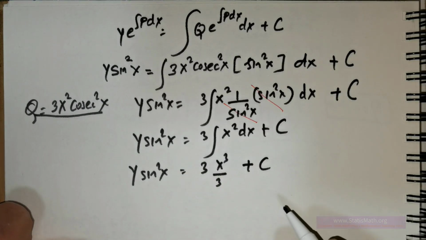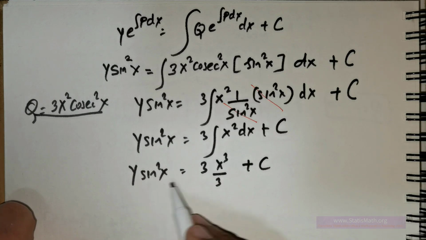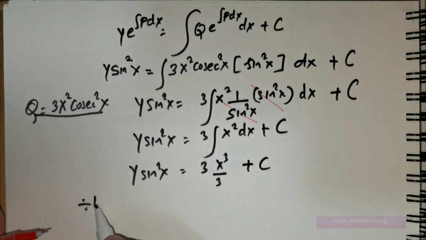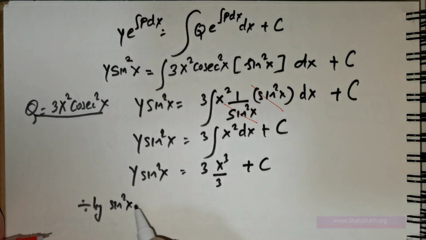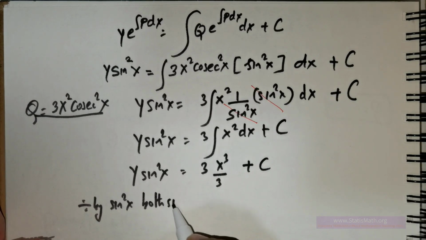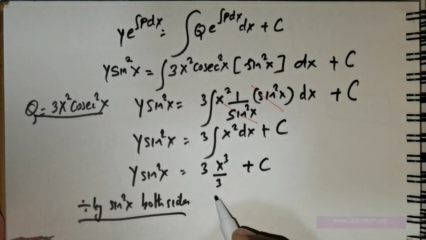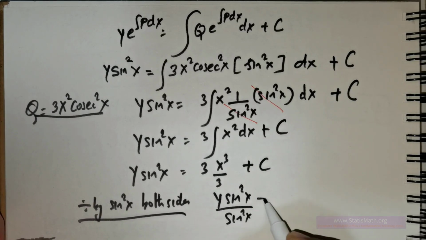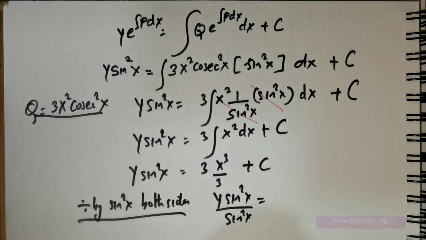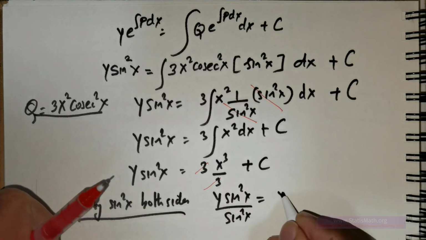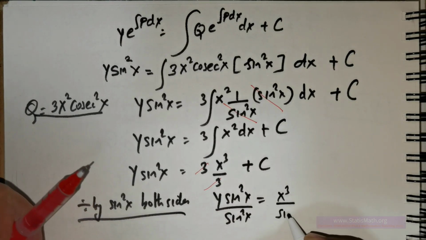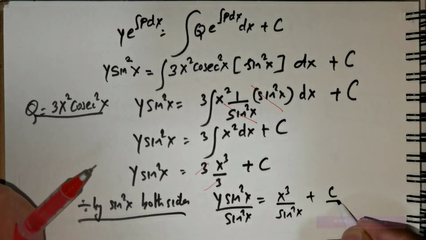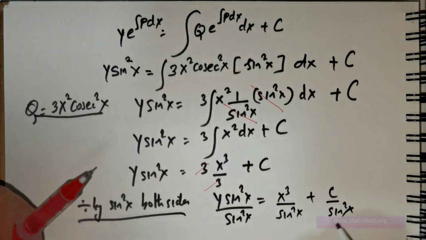Now I don't want y times sin² x on the left. I can always divide by sin² x on both sides. When I do that, I get y times sin² x divided by sin² x is equal to, now the 3 can be cancelled, so you would have x³ divided by sin² x plus c divided by sin² x.